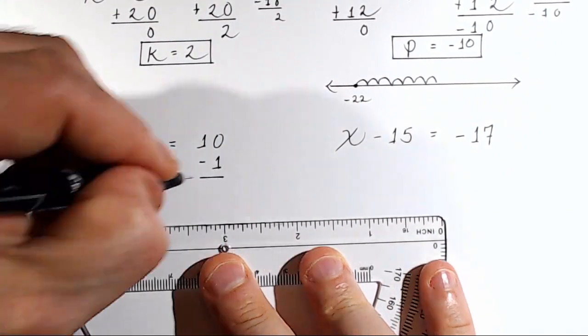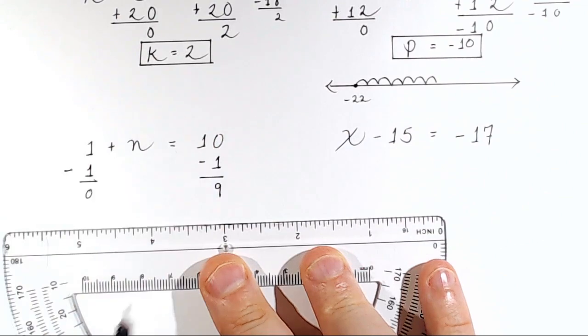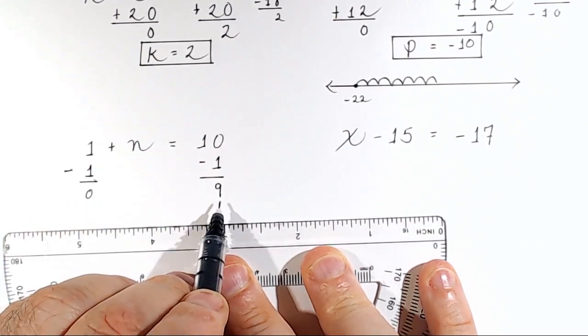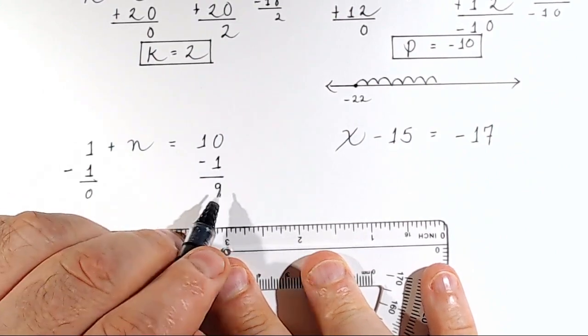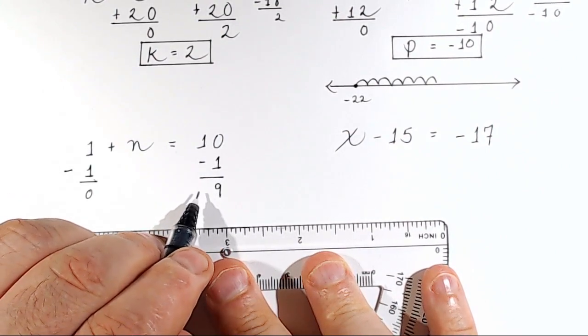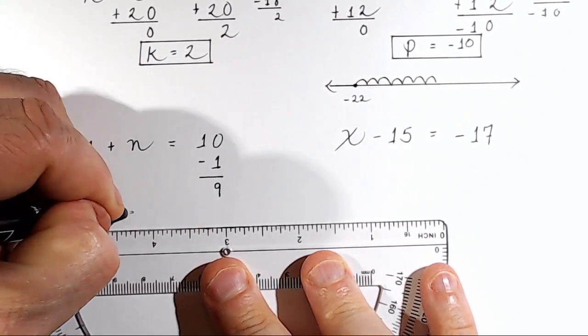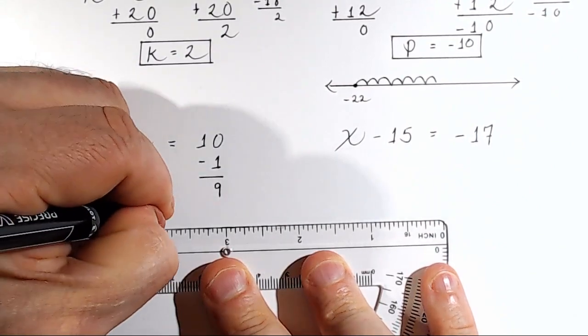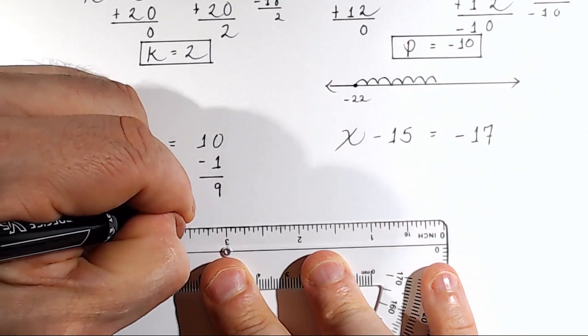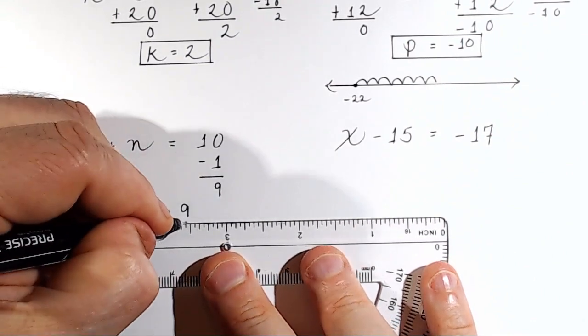What is 10 minus 1? It's 9. Okay, notice how the 9 is in the ones column. I'm going to be looking for that. It doesn't demonstrate understanding if you put the 9 over here in the tens column. All right, now what remains on the left, that's n equals 9. Put in a box.